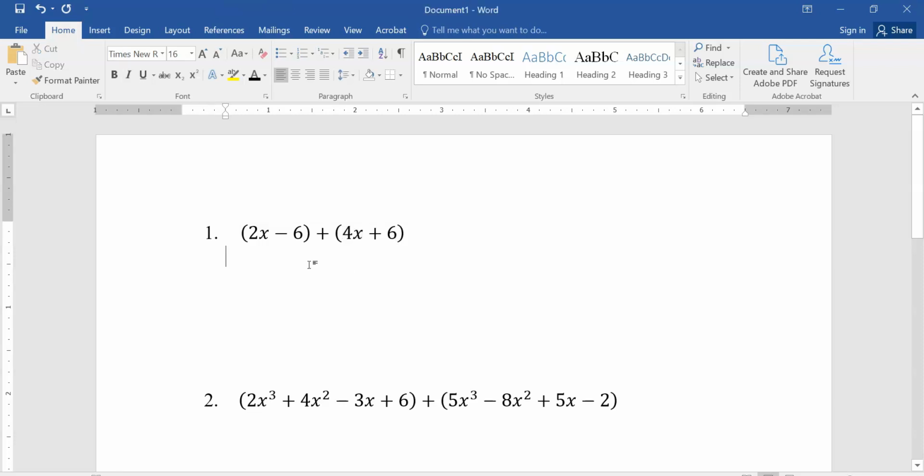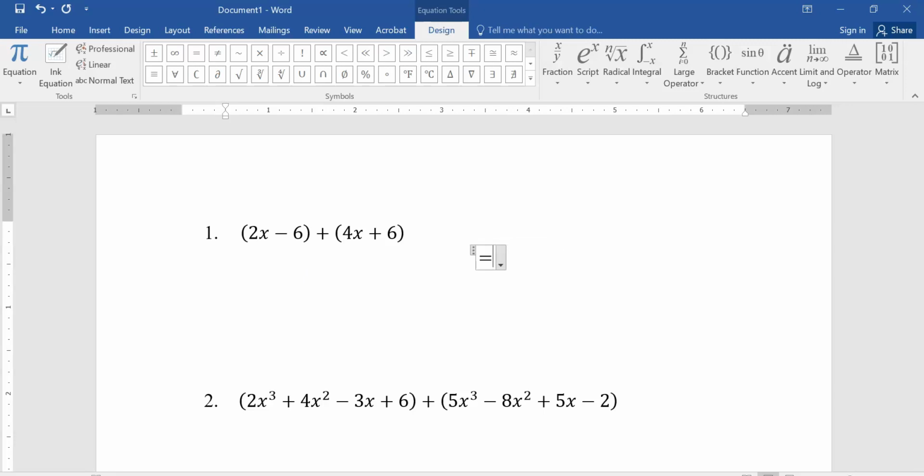So what we do when we combine like terms is we take 2x and add 4x. When you combine those, you get a 6x. Notice that we didn't change the exponents here. When we add, this is like saying we have 4 x's and we're going to combine that with 2 x's.